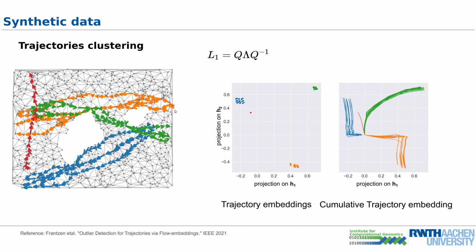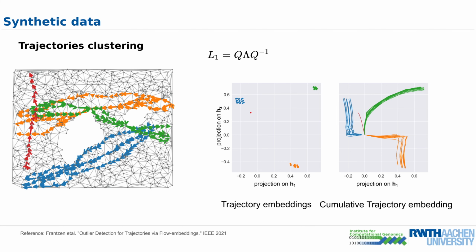If we project trajectories onto this harmonic space, as we can see, the trajectories on different sides of this graph, like these orange ones on top of these 2 holes, and the green ones in between these 2 holes, can be clearly separated in this harmonic space.